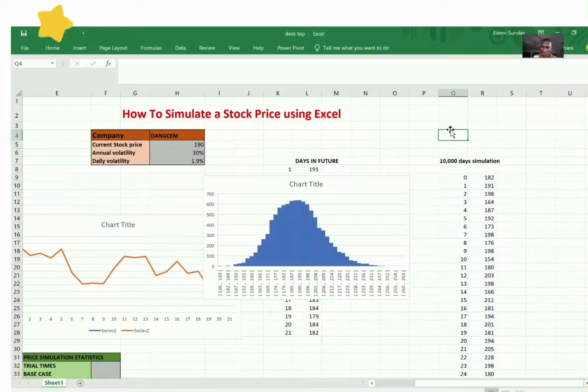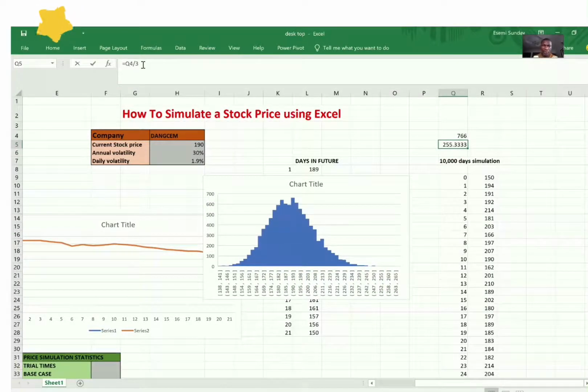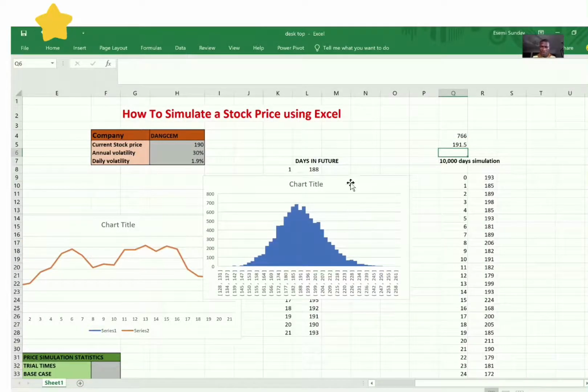So you have the target price to be 190 plus 191 plus 192 plus 193, and then you find the mean, divided by 3, right? Okay, that should be divided by 4. So 191 could be the target price.